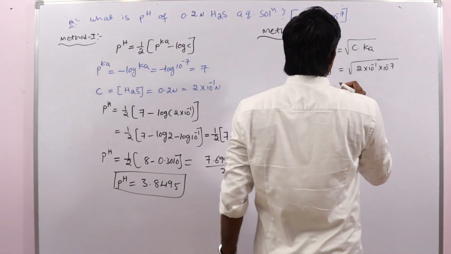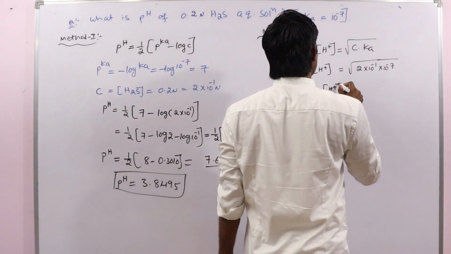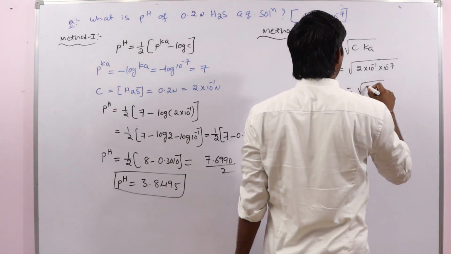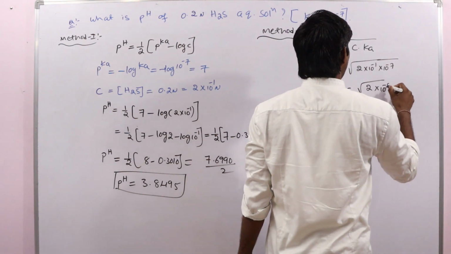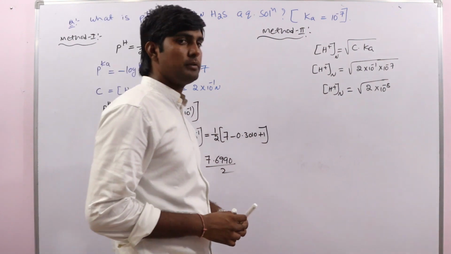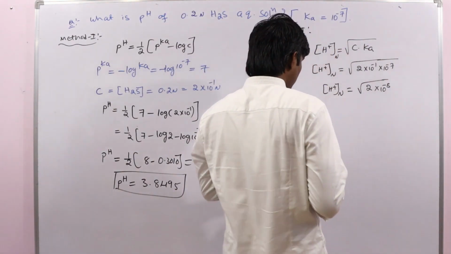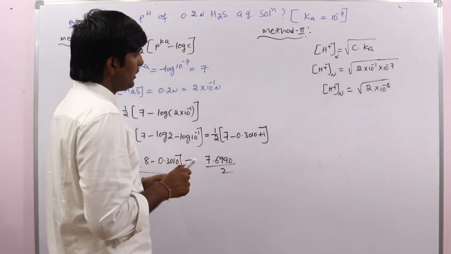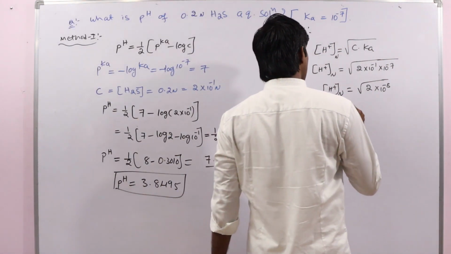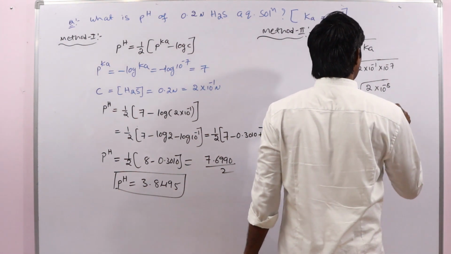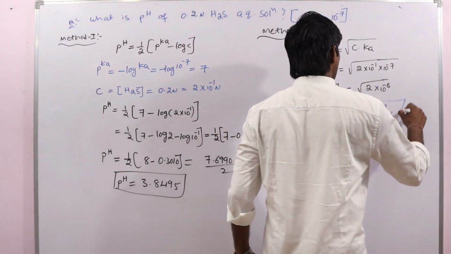So here H plus ion concentration is equal to square root of 2 into 10 power minus 8. Now if you substitute this in the formula, here you can use pH is equal to minus log H plus ion concentration in normality.